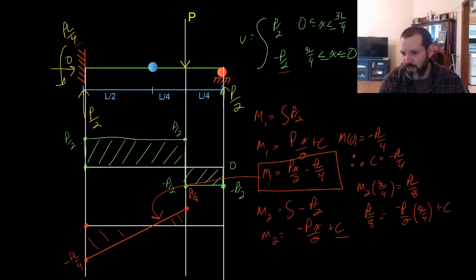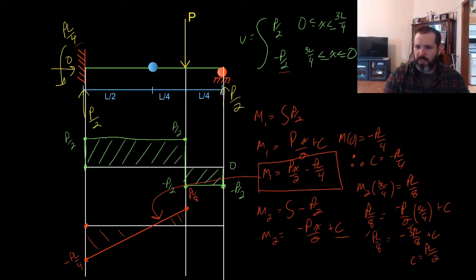This is PL over 8. This is minus 3PL over 8 plus C. C will equal 3PL over 8 plus PL over 8, which gives us 4PL over 8, which is PL over 2.